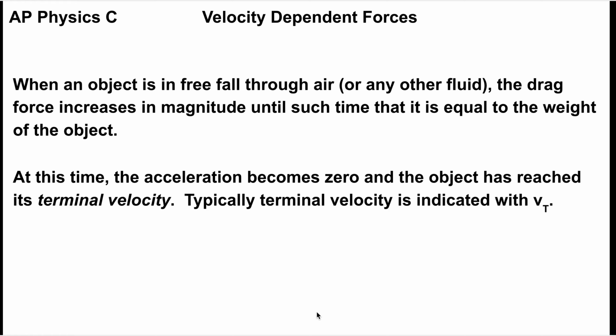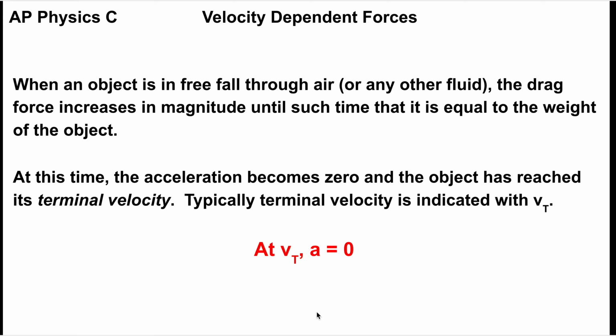So with something in free fall, the weight of the object pulls down, the drag force pulls up, and the drag force increases until they are equal. At this time, the acceleration becomes zero because the net force is zero, and the object has reached what is called terminal velocity. Terminal velocity is indicated with v sub t.